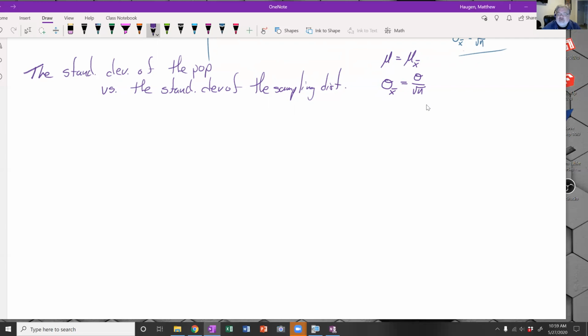So what has happened over the years is this particular type of standard deviation, the standard deviation of a sampling distribution, has built up a special name. Instead of being called the standard deviation of the sampling distribution, it's referred to as standard error.